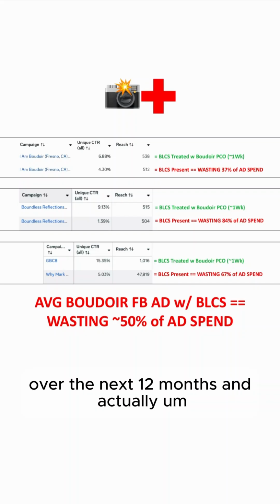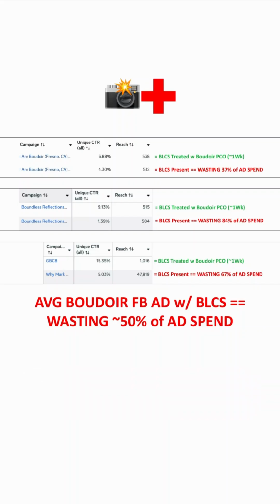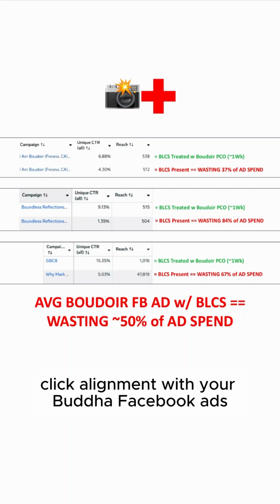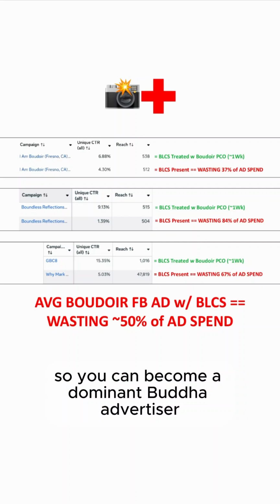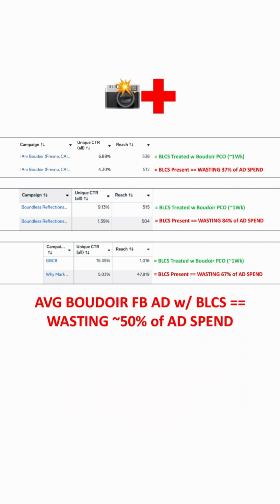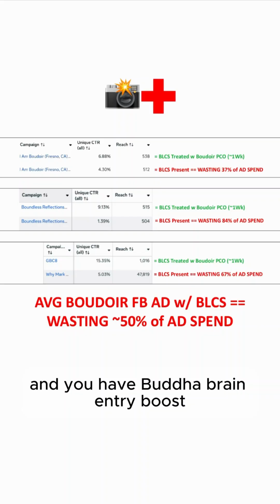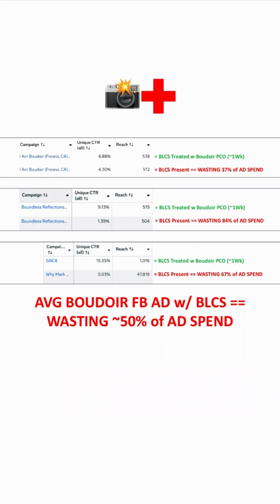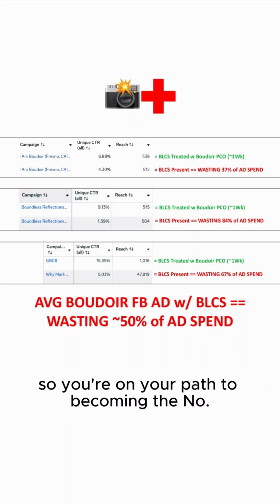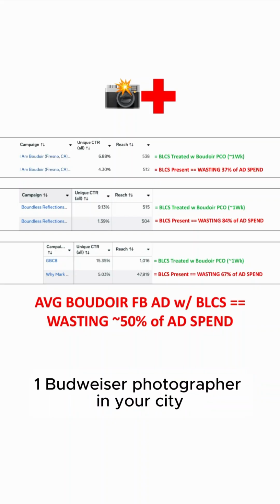And actually, you want to achieve pre-click alignment with your Boudoir Facebook ads so you can become a dominant Boudoir advertiser, and you have Boudoir brain entry boost. So you're on your path to becoming the number one boudoir photographer in your city.